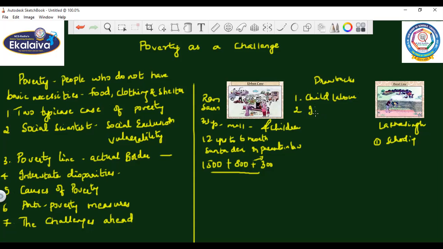Secondly, illiteracy. Now you can see this on both sides. Ram Saran's four children were not being educated and he himself was uneducated. The same thing with Lakha Singh, who had a government school in his village, but he could not go to school because he had to go for work when he was 10 years old.